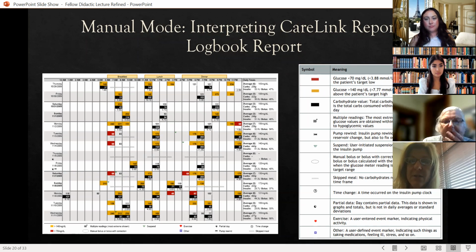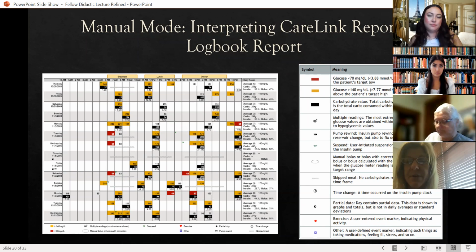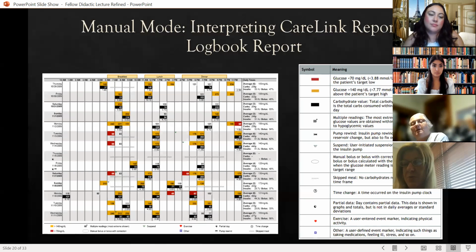All those black dots, or squares, excuse me, are the amount of carbs that they put in, and underneath the black is the insulin that they delivered. And sometimes there's a circle around it and sometimes there's not. If there's a circle around it, it means they picked that number and manually chose it, versus just letting the pump tell them and they agreed to the number.